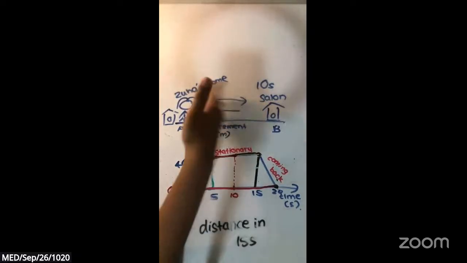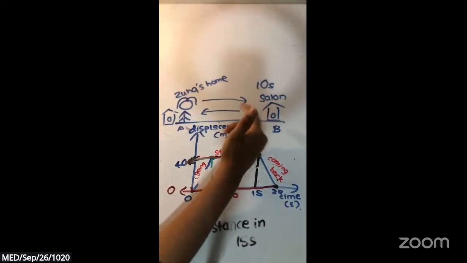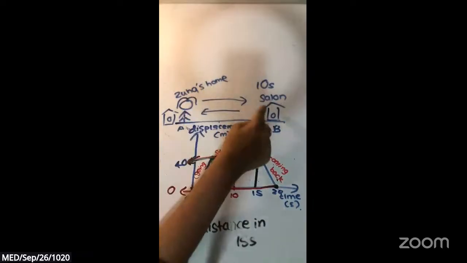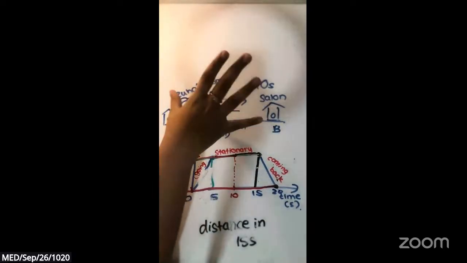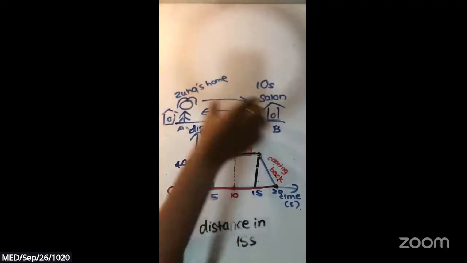What is distance? To go and to come back. Displacement is the shortest possible distance.